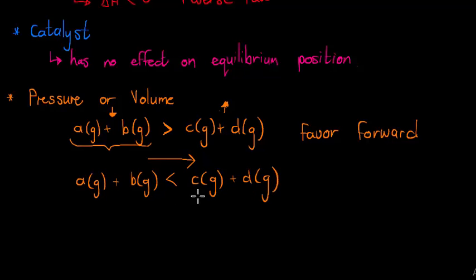Now if I increase the pressure or decrease the volume, I will put a stress on this side of the reaction, because this side of the reaction takes up more space. Okay, so if I decrease the volume, we want less of this to relieve that stress, and we'll produce more of that, which means we will favor the reverse reaction.